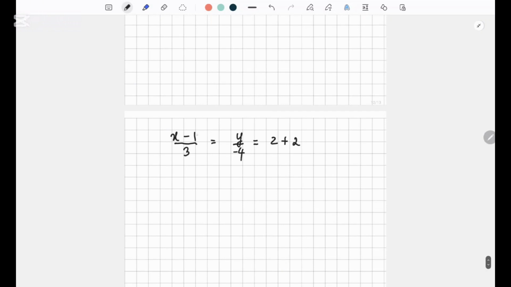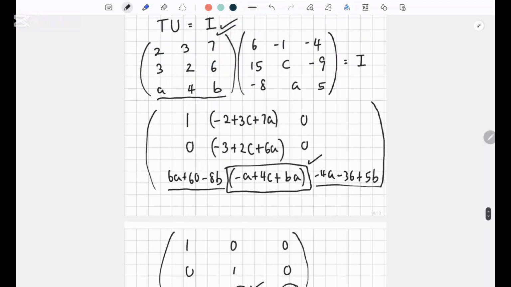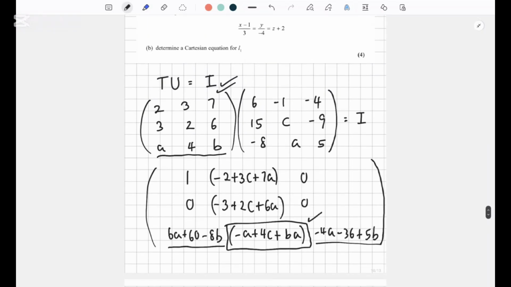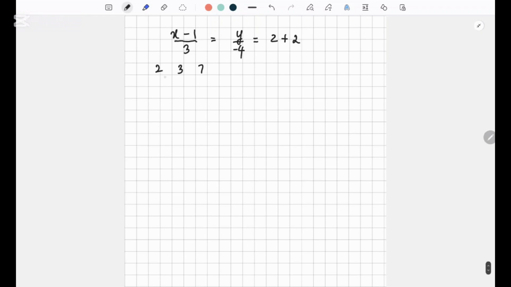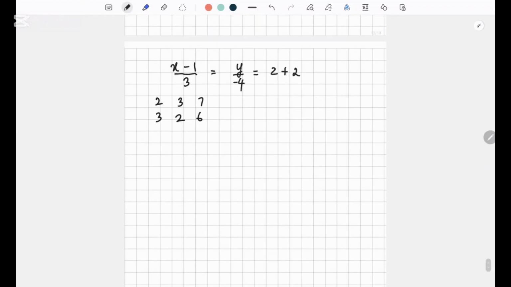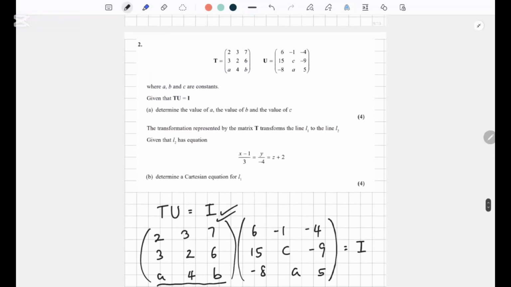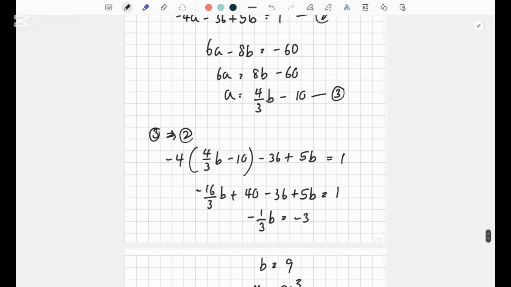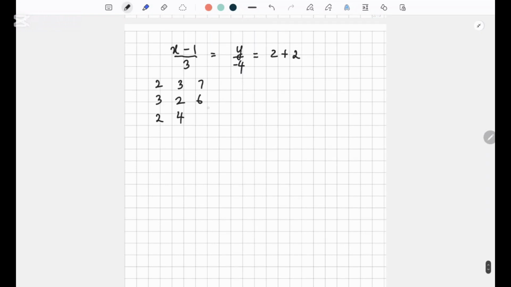So we have to write T again. So T was 2, 3, 7; 3, 2, 6; 2, 4, and 9, with A is 2, 4, and B is 9.